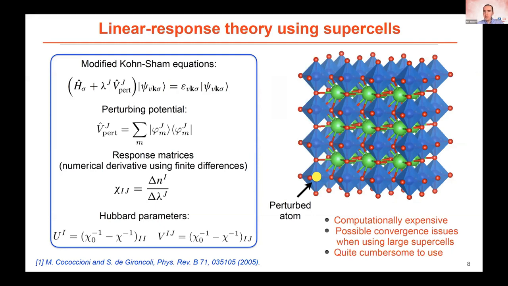There are possibly convergence issues when we use large supercells, as we know. And it's a bit cumbersome to use in practice because you need to do a number of post-processing steps. Of course, you can write Python scripts to do that automatically, but if you don't have those scripts, the post-processing part is a bit not user-friendly.